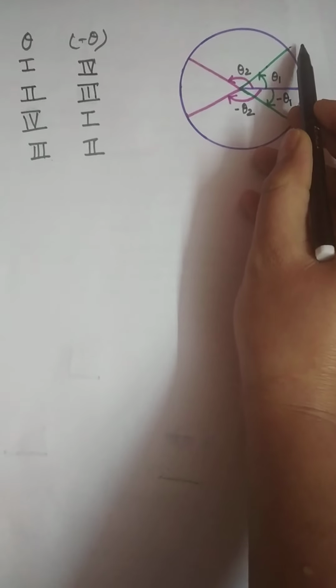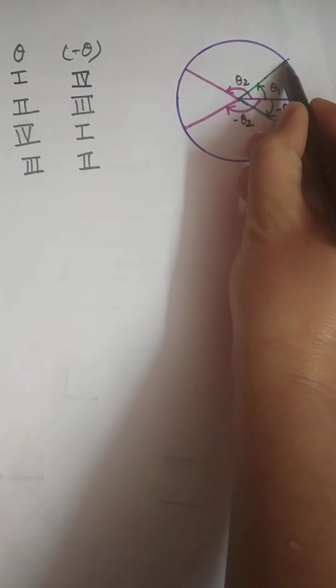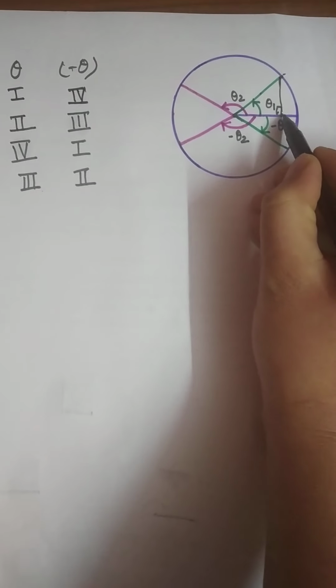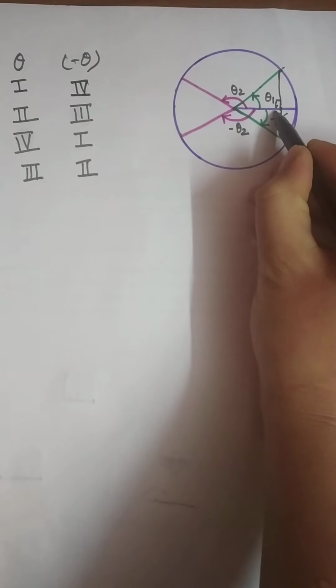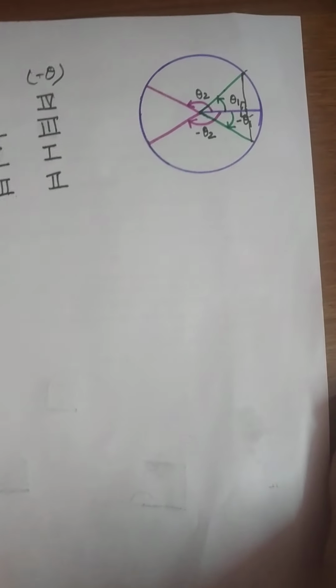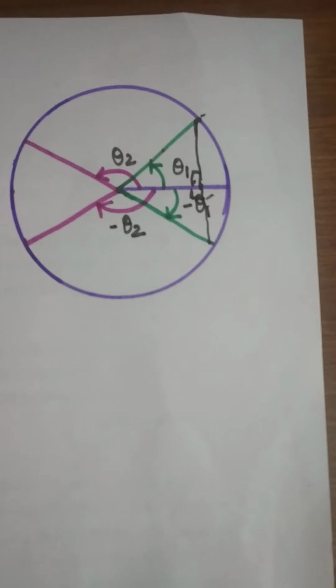Okay, before we go to the coordinates, let's focus on one more thing. These two triangles I made here are congruent. No? They are congruent by SAS.